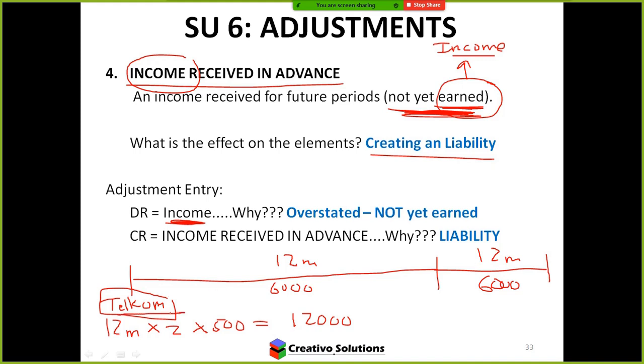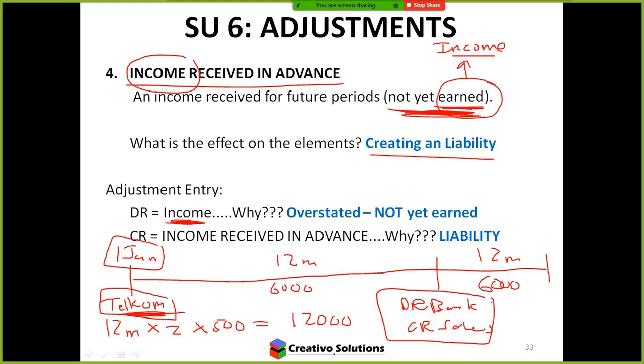If Telkom receives the payment in January, is Telkom going to record that as a sale? Yes, they will debit the bank and credit the sales. When does that take place? The moment they receive the money, the moment you pay them. So on the 1st of January, Telkom records debit bank, credit sales.